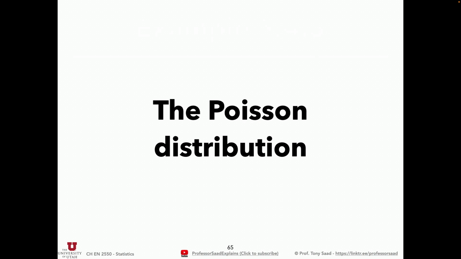Okay, so similar to the binomial distribution. We started with binomial, we had n trials. Trials were independent of each other. When we switched to hypergeometric, the trials were dependent on each other. Now we're going to go back to trials being independent of each other, but we're not going to have a fixed number of trials. So you see what we're targeting?